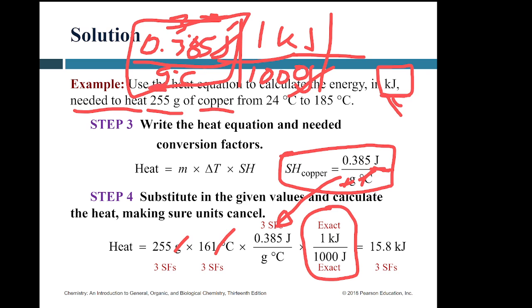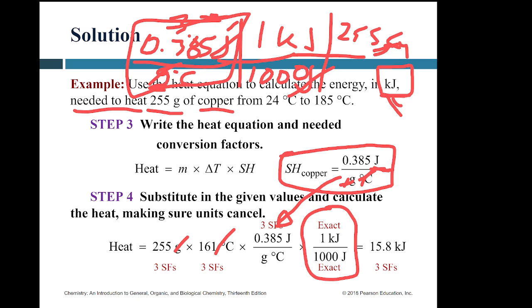I multiply by the grams of copper: 255 grams of copper. Grams will cancel, so now I have kilojoules over degrees Celsius remaining.